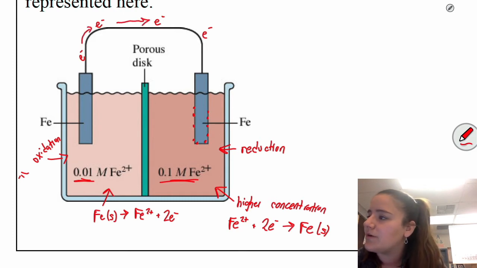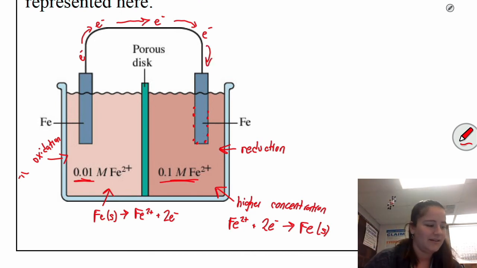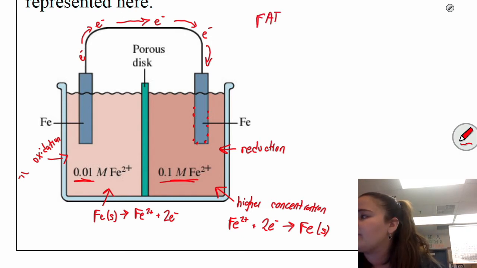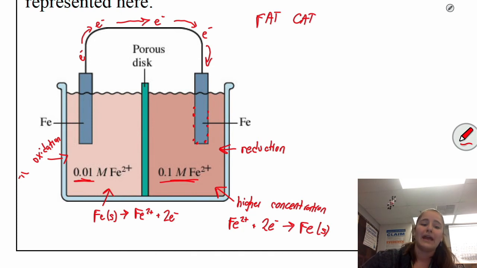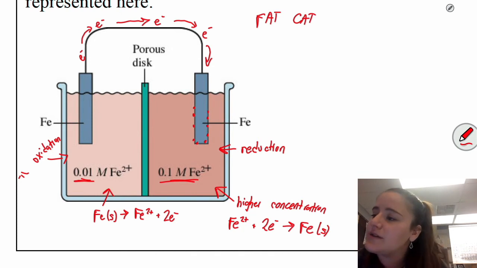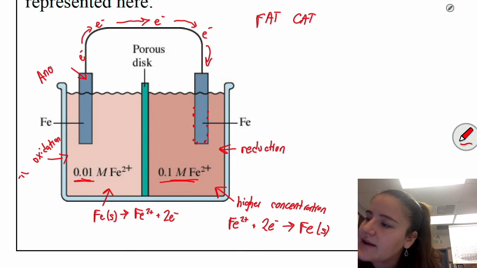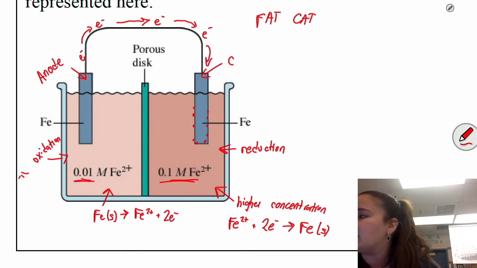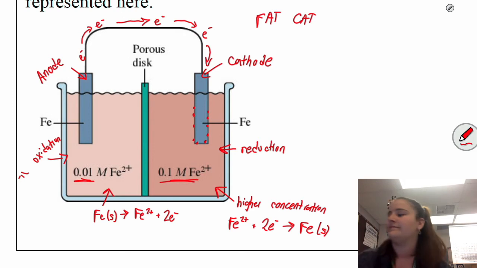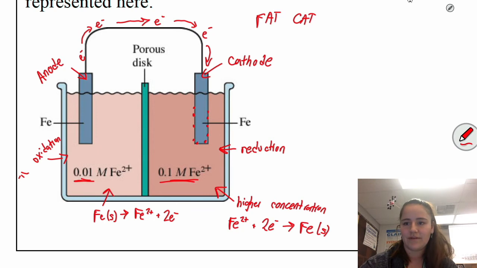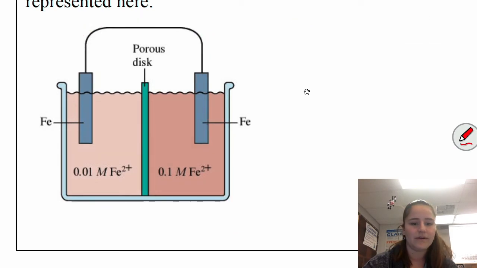That's going to be your flow of electrons from left to right, okay? Now it also asks us to label which one is the anode and the cathode, okay? The easiest way to remember this one is fat cat. Electrons flow from the anode to the cathode. So that means this must be our anode and this must be our cathode. Okay, cool.